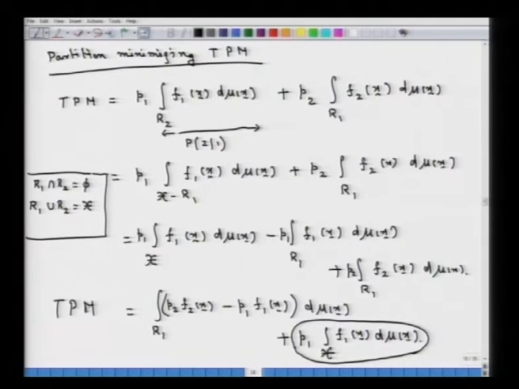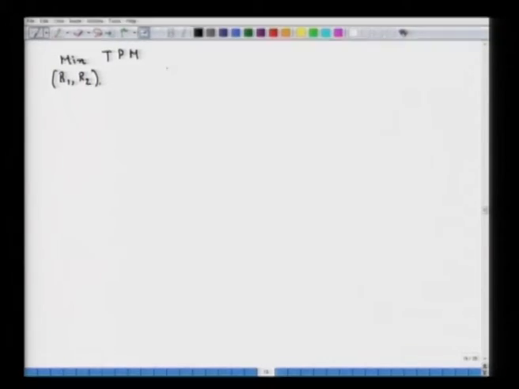Note that the term which I have circled is independent of the partition, because it is an integral over the sample space script X. So, when we are trying to find the minimum of the total probability of misclassification, we can just look at what R1, and hence R2, is going to minimize the other term.